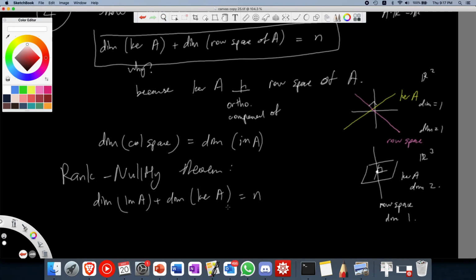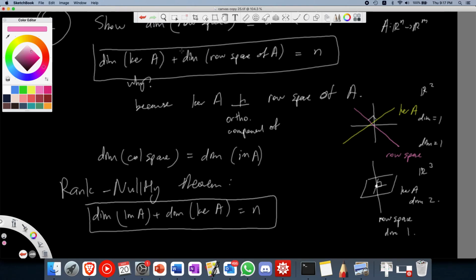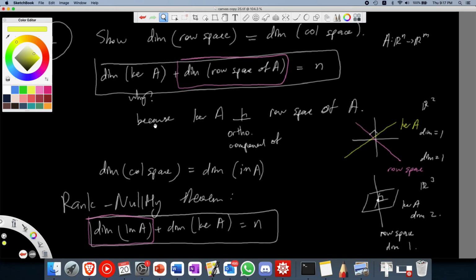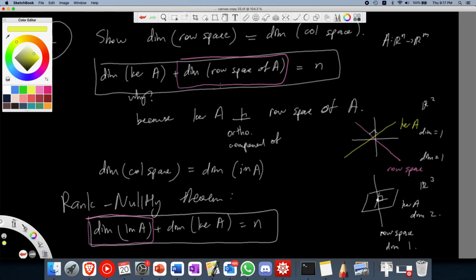And so we see that the parts are the same, so the dimension of the row space is equal to the dimension of the image. Oh, here I meant to say column space.